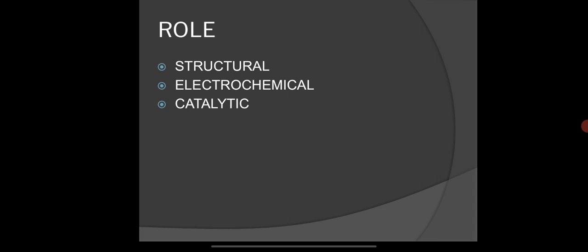These essential elements activate a number of enzymes, due to which a number of metabolic processes or reactions get activated inside the plants, so they play the catalytic activity inside the plant.